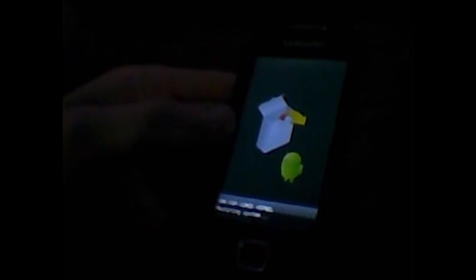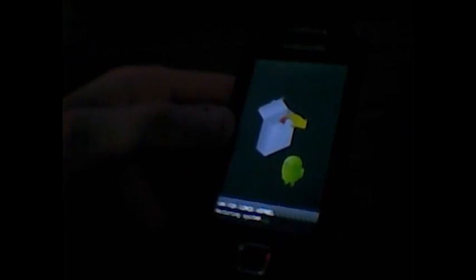Then what that will do is whenever you change ROMs, it'll back up the old one into a tarball and put that on the SD ext partition on the phone, and then it will extract the backup for the current ROM.